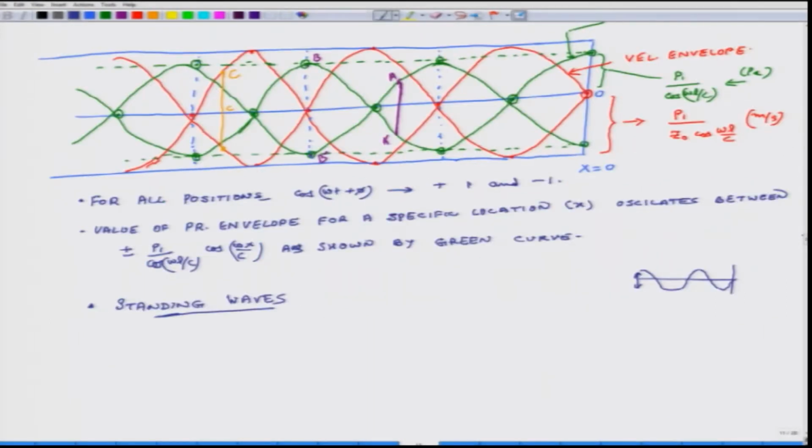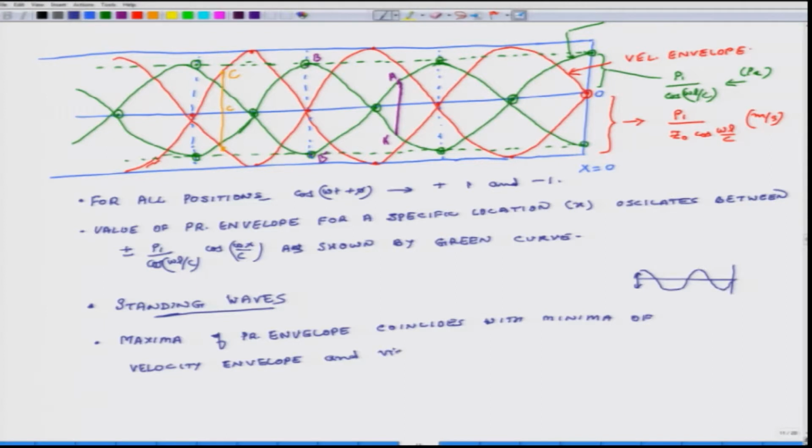The other thing to note is that maxima of the pressure envelope coincides with minima of the velocity envelope, and vice versa.